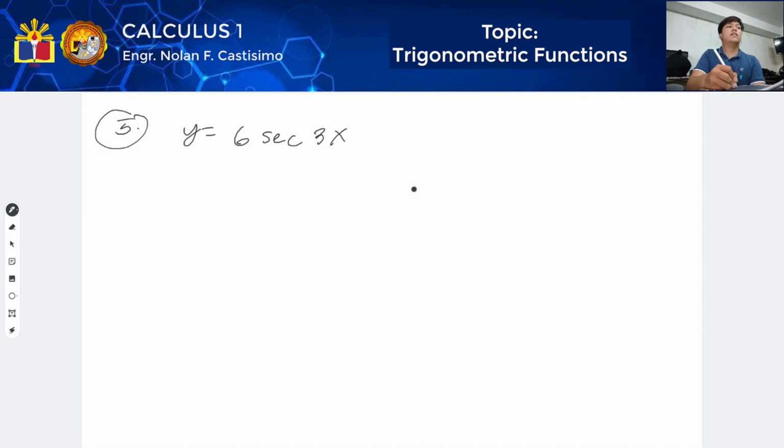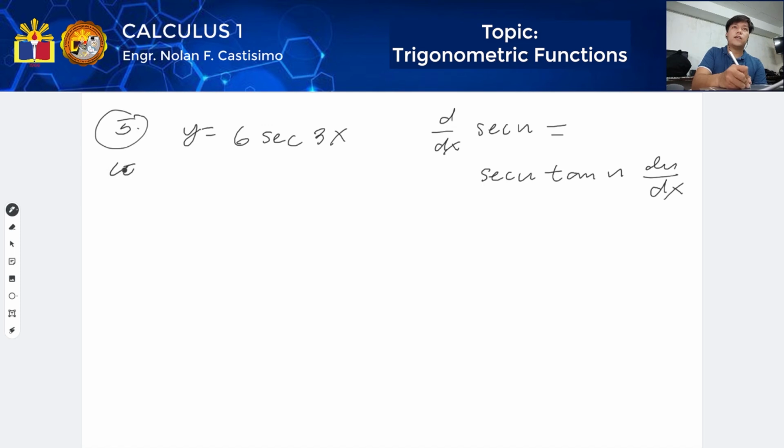So, gagawin natin yung formula d over dx secant u is equivalent to secant u tangent u du over dx. So, ito yung formula na i-apply natin dito sa problem na to. So, magde-let tayo. Let u is equivalent to 3x and du over dx is equivalent to 3.